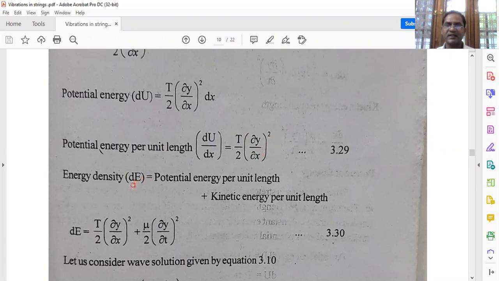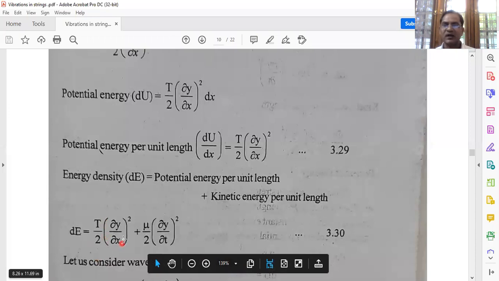So therefore energy density is equal to potential energy per unit length plus kinetic energy per unit length. The potential energy per unit length we already got as T by 2 (dou y by dou x) whole square, plus this is the kinetic energy per unit length.